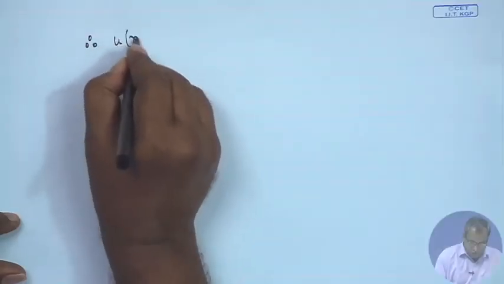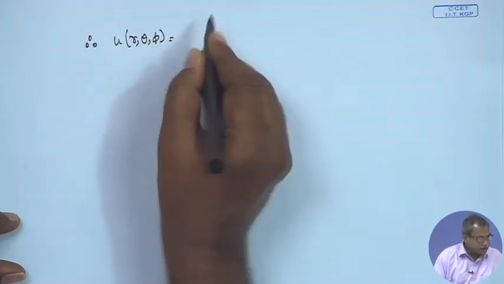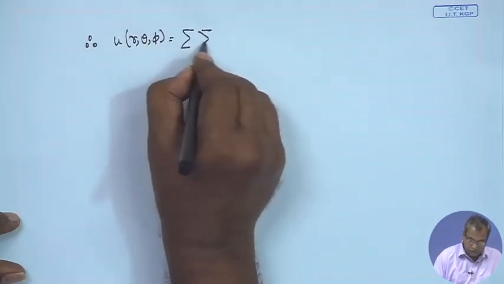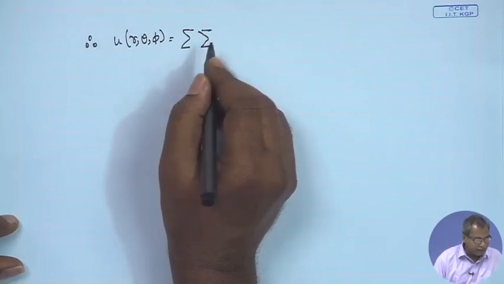The eigenfunctions are a m cosine m phi plus b m sin m phi, where m runs from 0 to infinity, and in the theta direction we had the Legendre polynomial as the eigenfunction, and the eigenvalues are n into n plus 1, where n runs from m up to infinity. So, the complete solution will be in the form of r theta phi is equal to, there will be two summations, because we are now dealing with two independent eigenvalue problems.